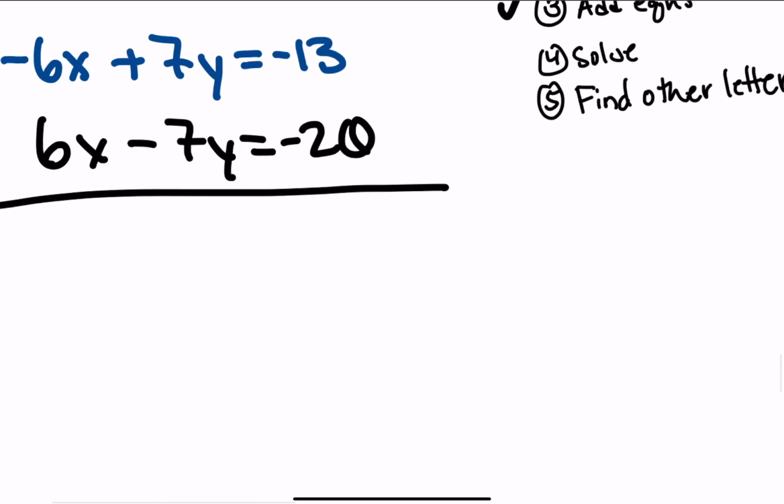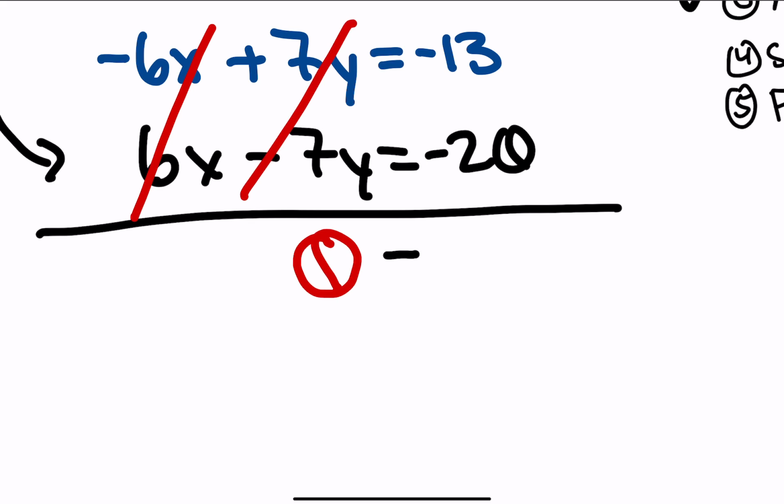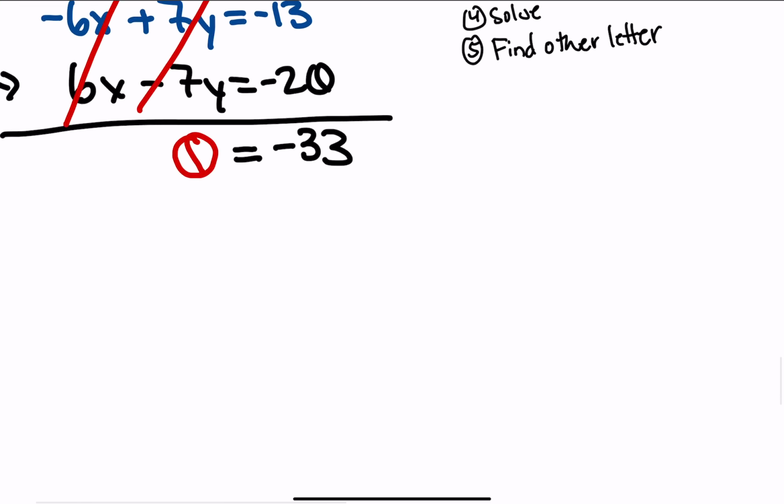Here we go. We have a negative 6x plus 6x. This cancels. We have 7y plus a negative 7y. Also cancels. Is everything canceled? All we got left is a 0 over here. Equal signs can't be added, so bring it down. Negative 13 minus 20 plus a negative 20 gives you a negative 33. Ho ho.